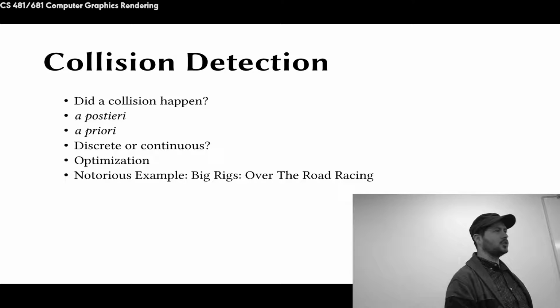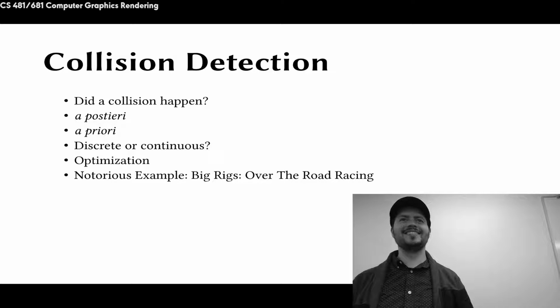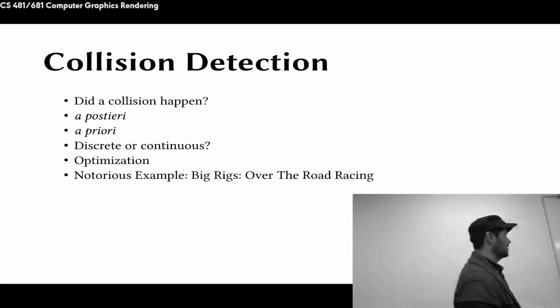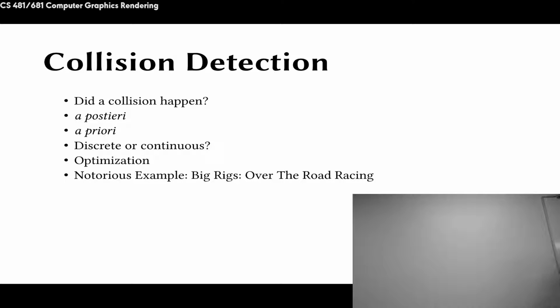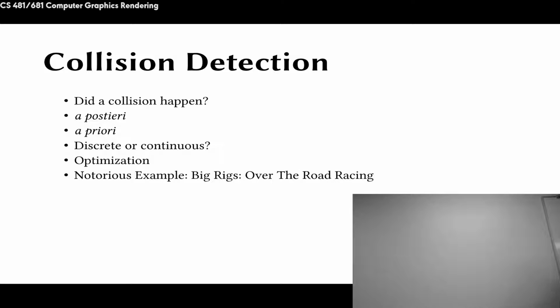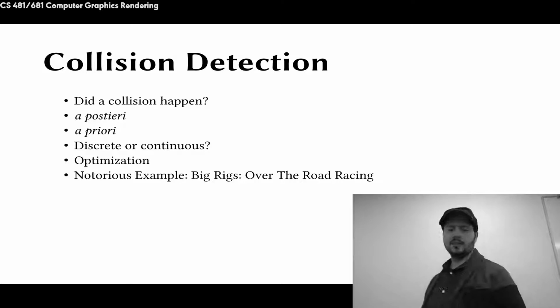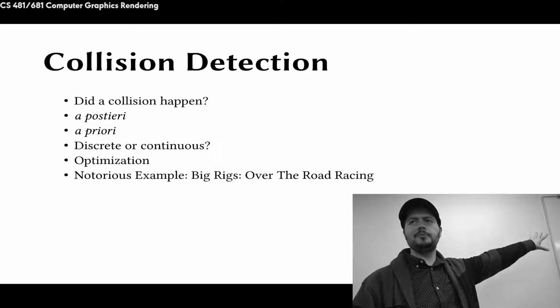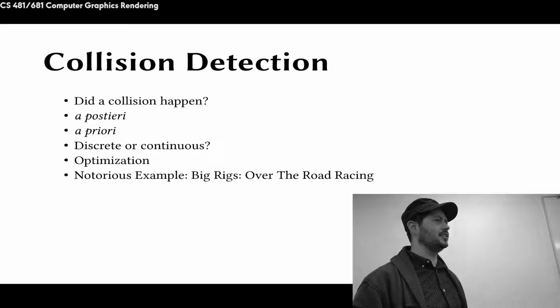Now you tell me, which one would you rather implement, a priori or a posteriori? Because there are so many constraints, this movement is dependent on this movement. And so this is why I think a posteriori is more easily implemented.